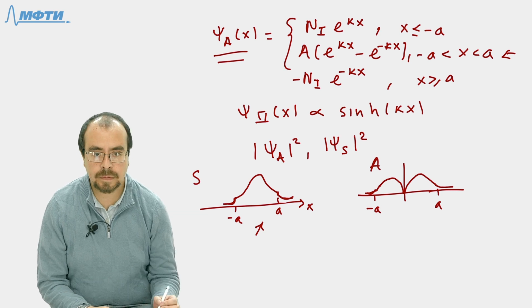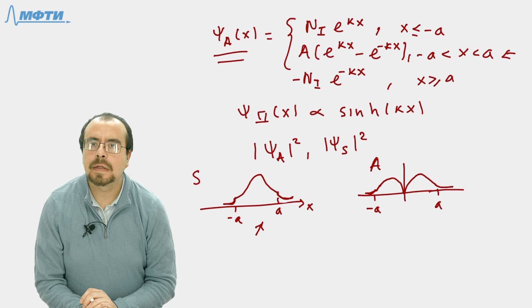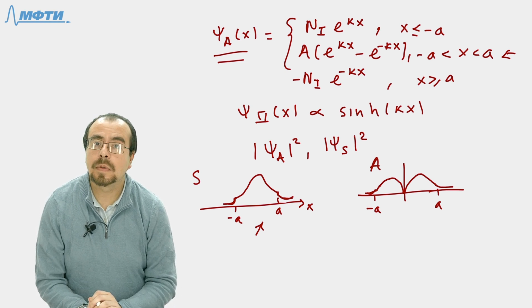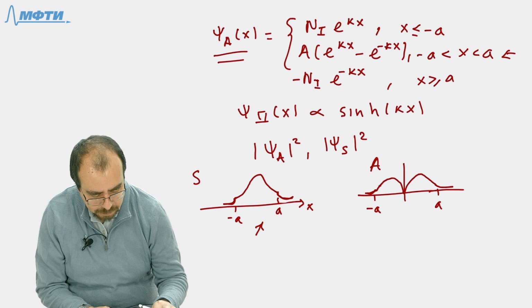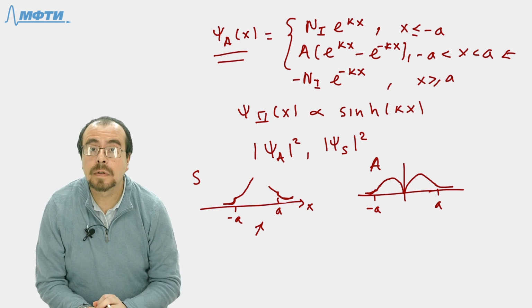As the probability to find the particle is like plus x squared, not minus, it's like plus x squared.